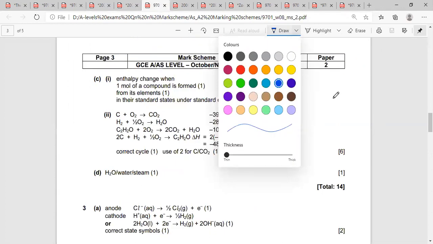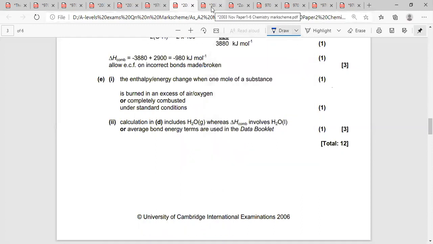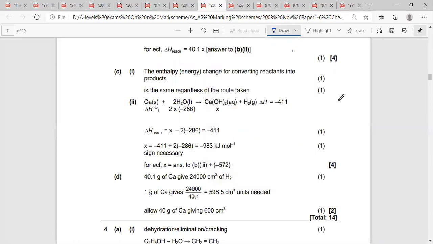Enthalpy change for converting reactants into products, of course I say reactants A plus B to C plus D. It's the same regardless of the route taken, provided the initial and final conditions are the same.